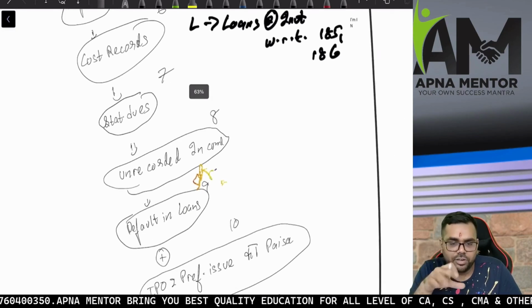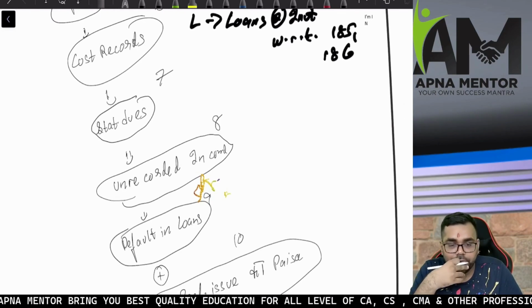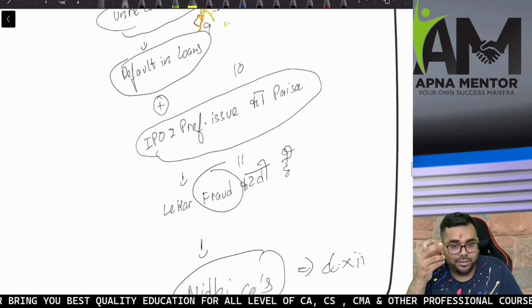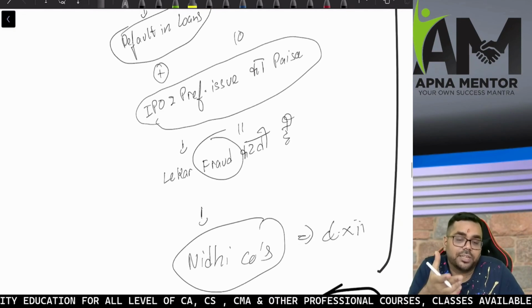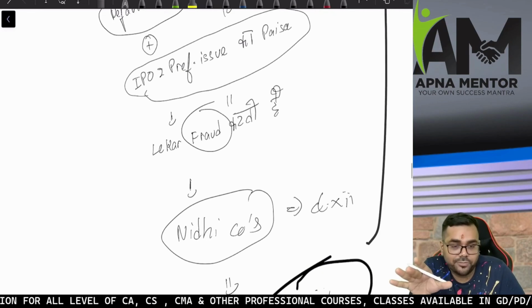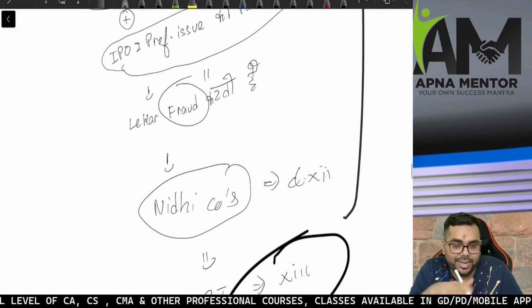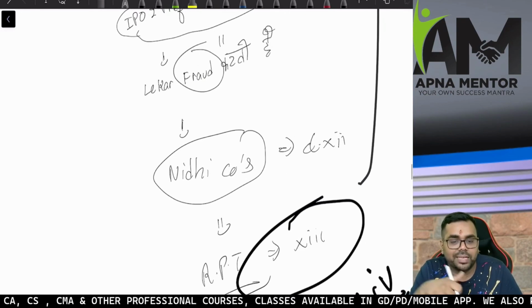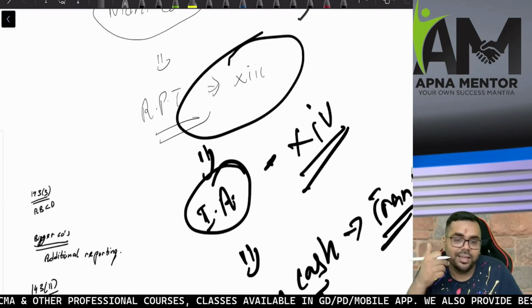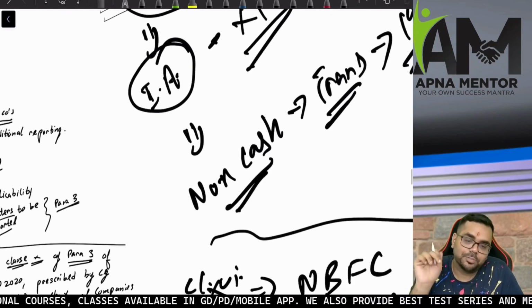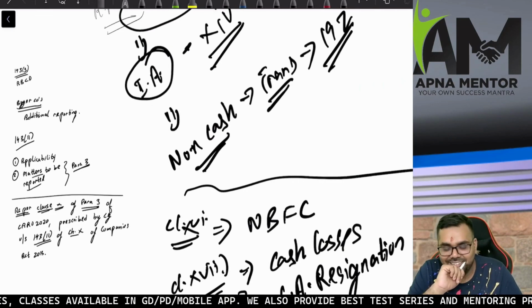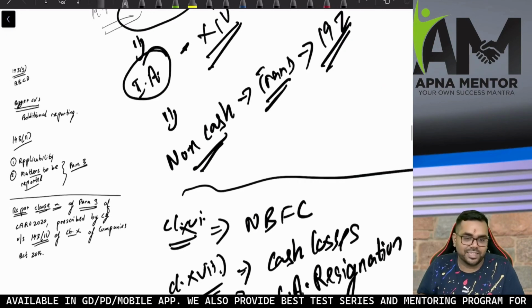They have certain unrecorded income, they have not shown the income, they have made defaults. They have taken loans and defaulted, raised money from IPO and defaulted, raised money from FPO and defaulted, that is, they have done a fraud. And all this fraud the director of the company has done with Nidhi, who is the related party, and the internal auditor has observed non-cash transactions. Till clause 15, this is the flow.